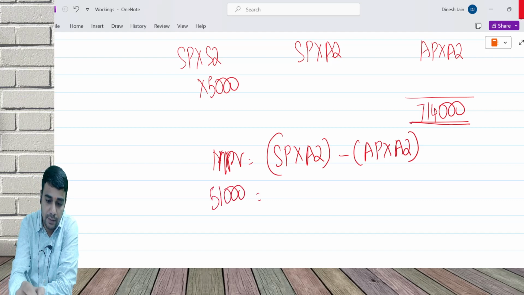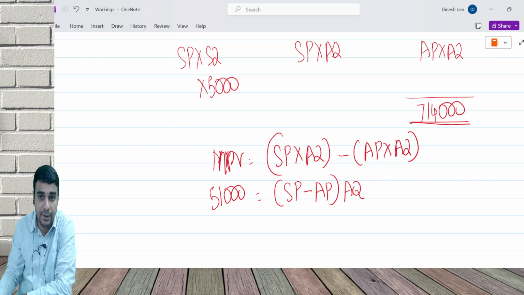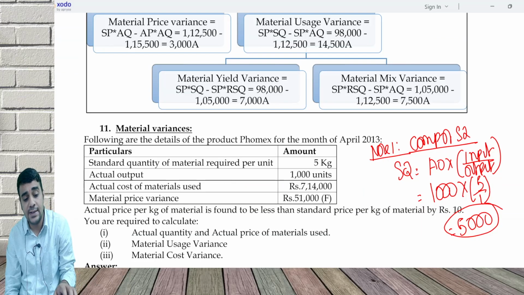Now listen for some time. SP minus AP into AQ. I make SP minus AP outside and AQ keep it as common. Reason for this, the question has talked about the difference between SP and AP. Read below what they have mentioned. Actual price is found to be less than the standard price by 10 rupees.